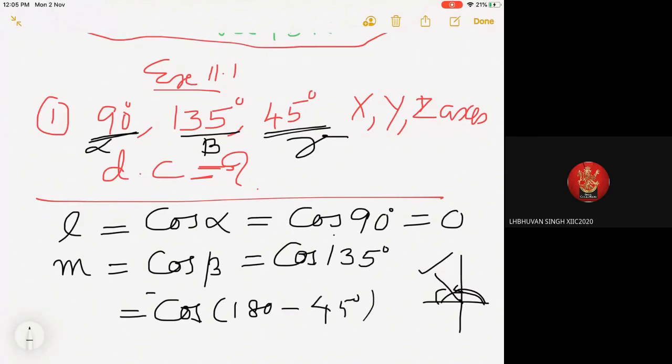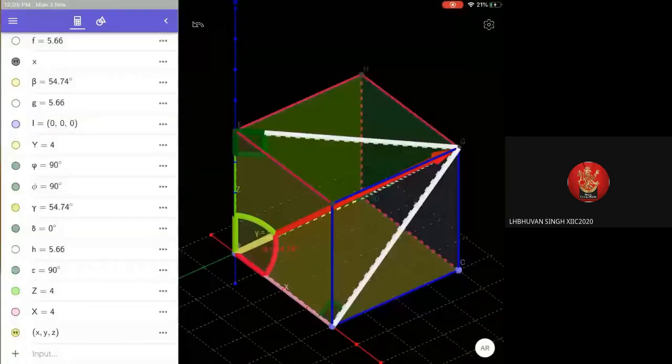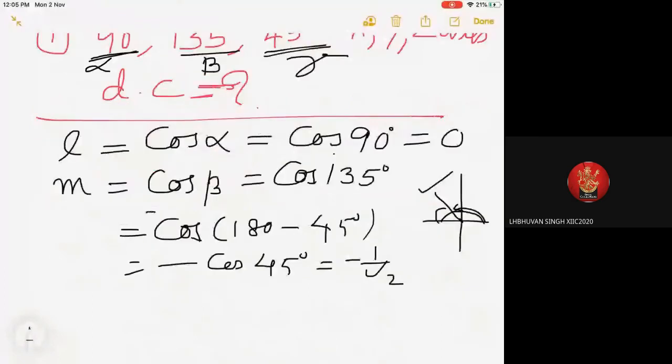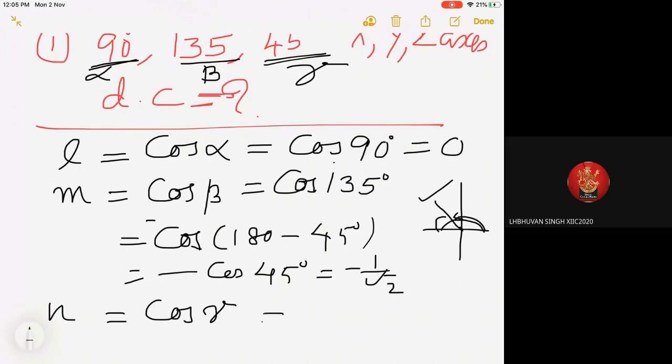So it is equal to minus cos 45, which is minus 1 by root 2. Now n equal to cos gamma, and gamma was given as 45, which is equal to cos 45. Cos 45 is 1 by root 2. So these are the answers.